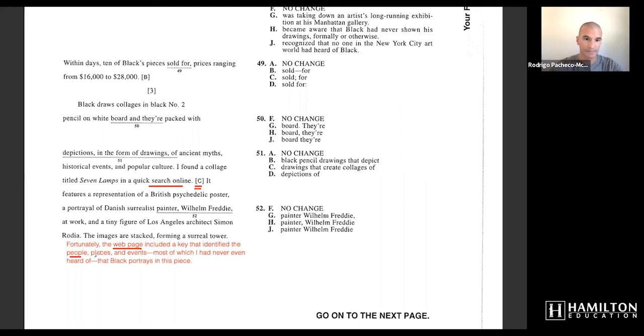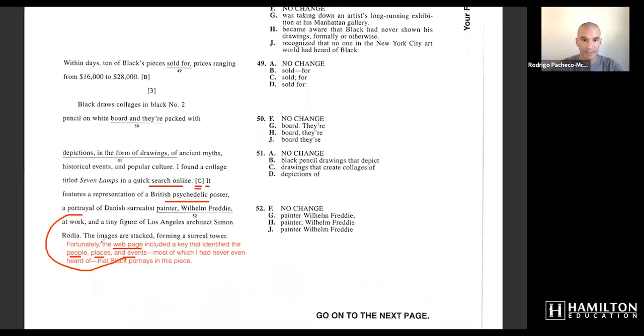We have people, places, and events, most of which I'd never even heard of, that Black portrays in this piece. So the piece features a representation of a British psychedelic poster, a portrayal. This connects here to Black portrays in this piece, a portrayal of Danish surrealist painter Wilhelm Freddie.